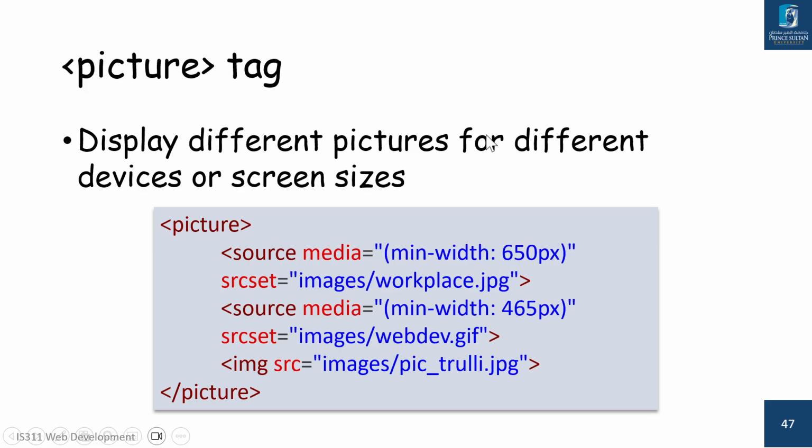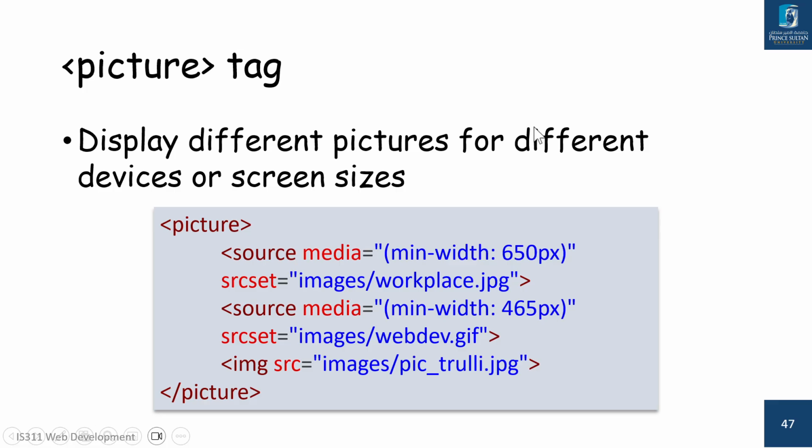The next thing is a picture tag, to display different pictures for different devices. As we are telling that we want to make, nowadays the majority of people see websites inside their phones.